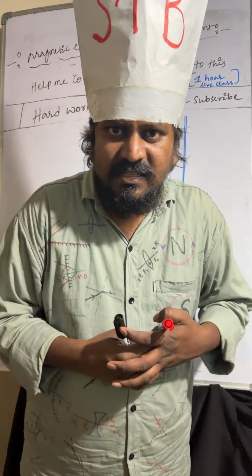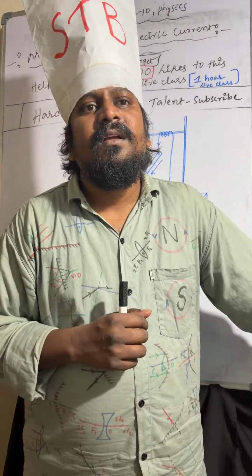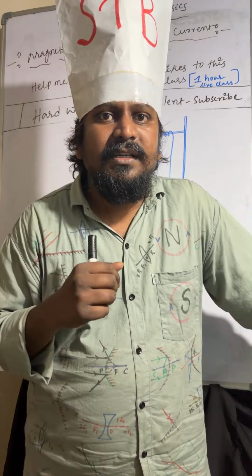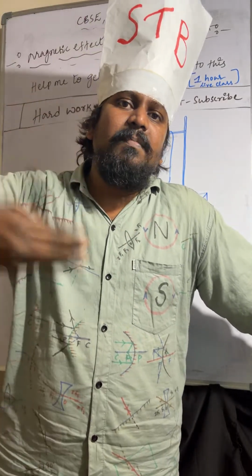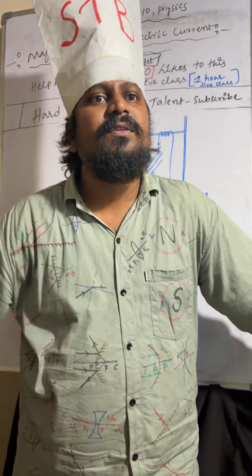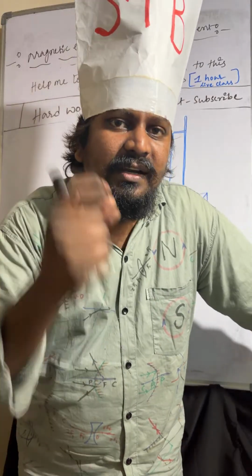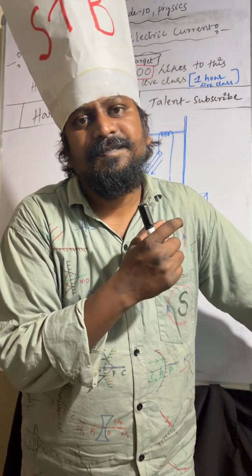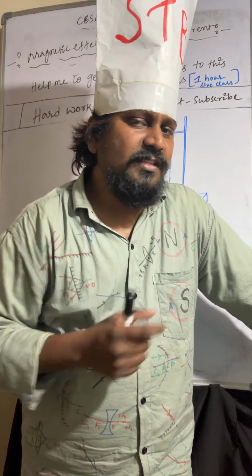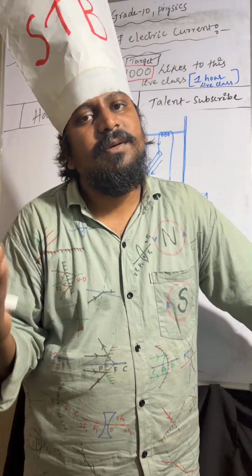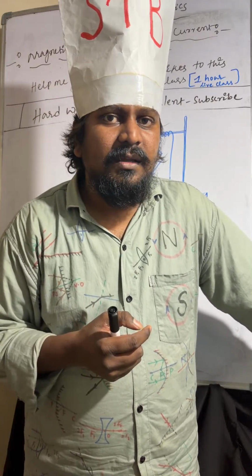Point number one. The second one is, it may lead to the short circuit. High voltage appliances connected at a time to the circuit, then a heavy amount of current will be drawn from the mains. It may lead to the short circuit, right?